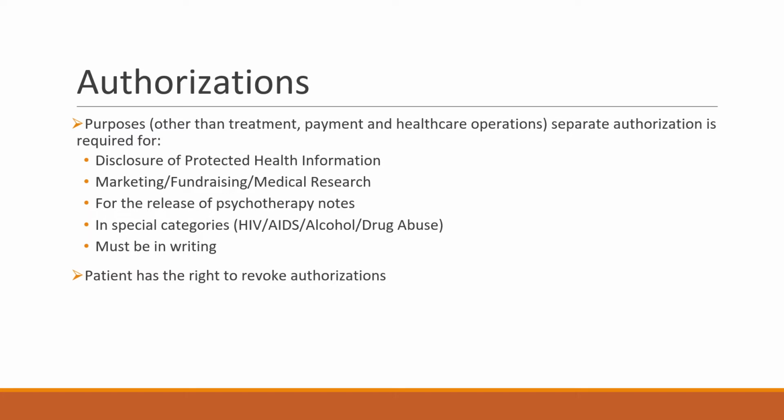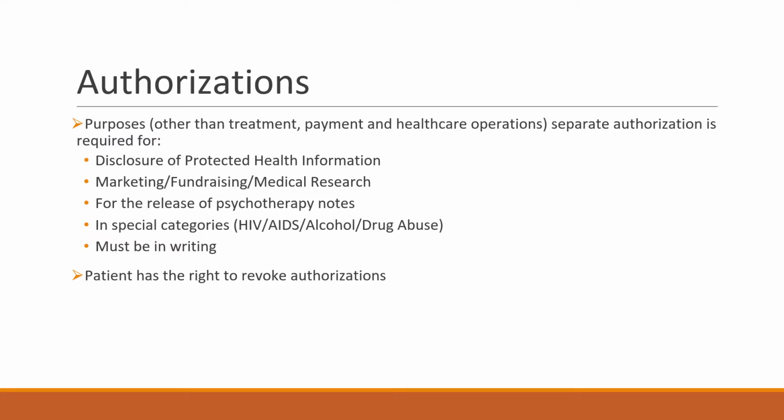Let's discuss the requirement for the authorizations, also known as release of information. So a release of information or authorization is required when you are disclosing information that does not pertain to treatment, payment, or healthcare operations.